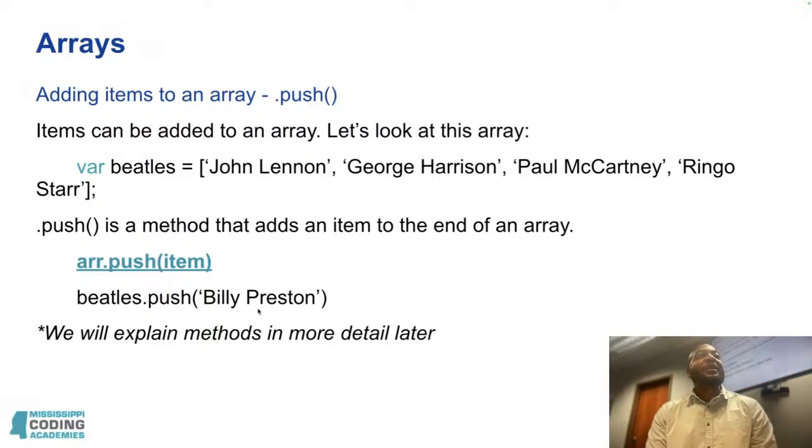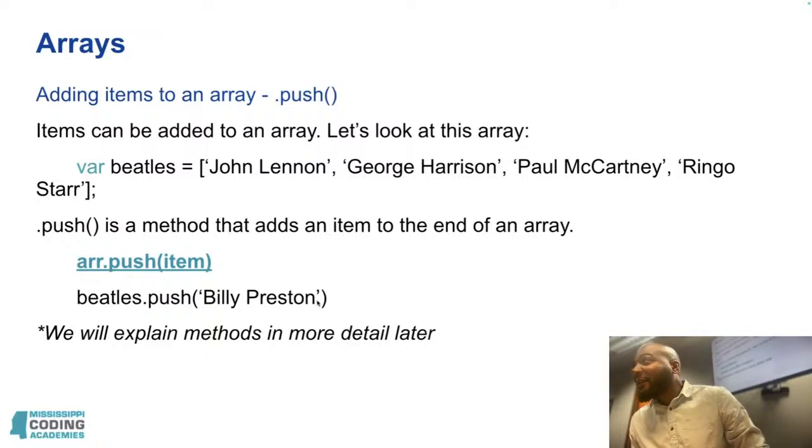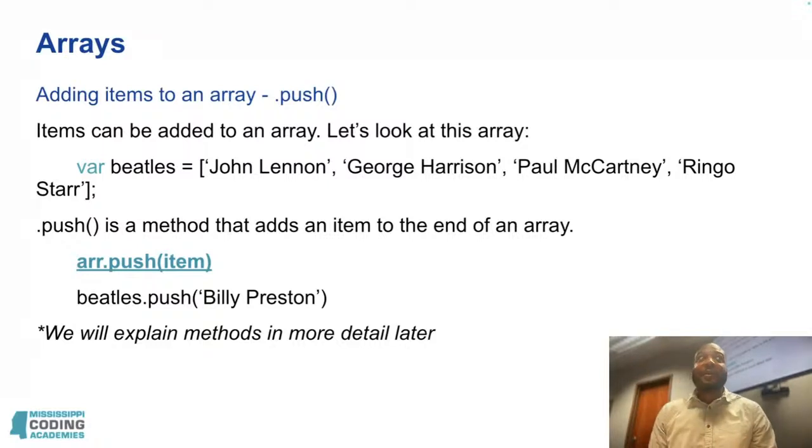I want to add Billy Preston because he is considered the fifth Beatle. Why? Anybody? Anybody? No one? Because he's the only person outside of these four guys right here who has writing credits on any one of their songs.